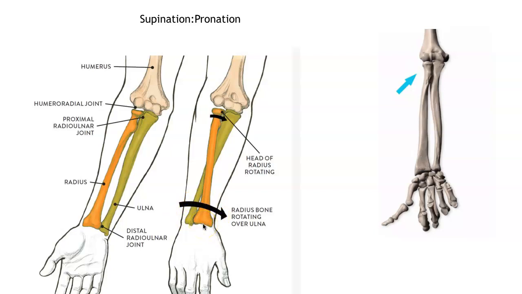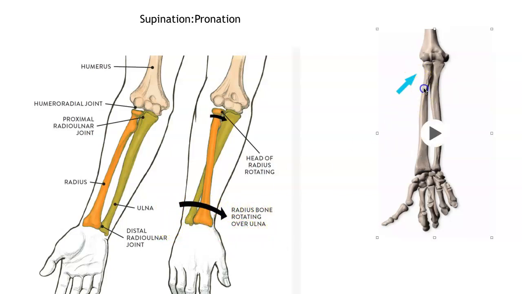So go ahead and look at your hand and try to figure out what's going on. So this is pronation. When you go back to this position, this is supination. Supination, you can hold a can of soup in your hand. In pronation, you are turning over.